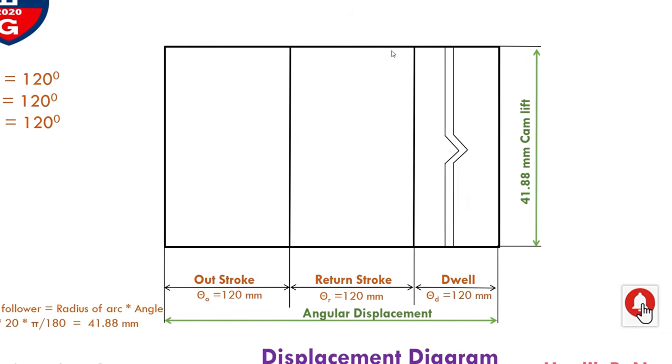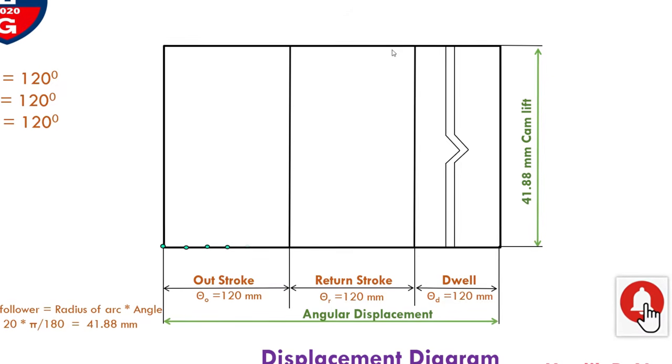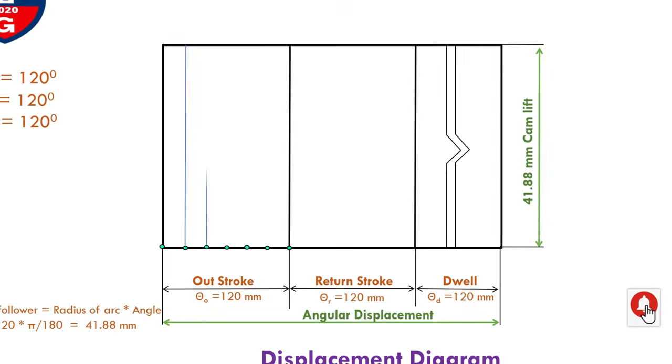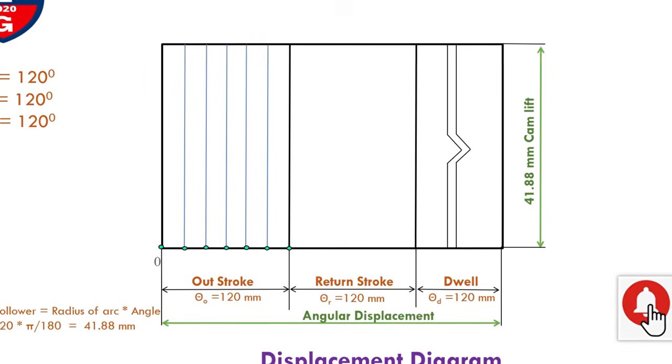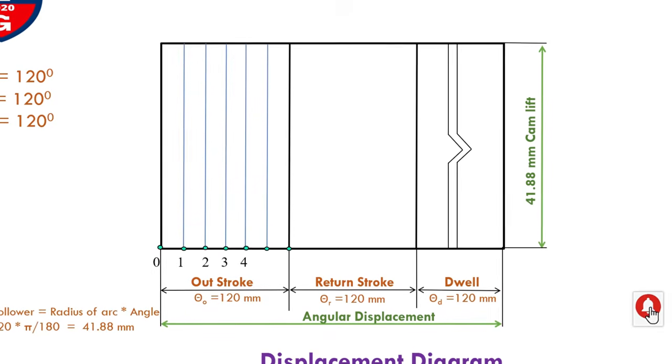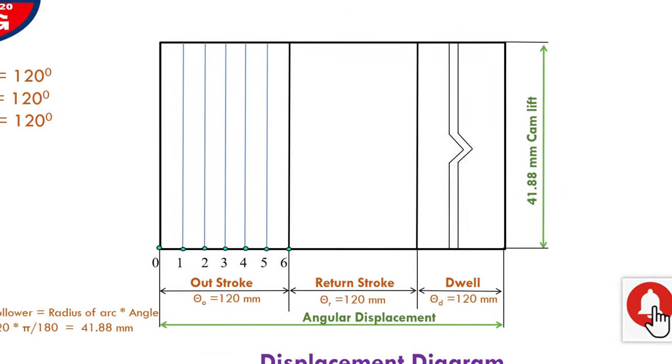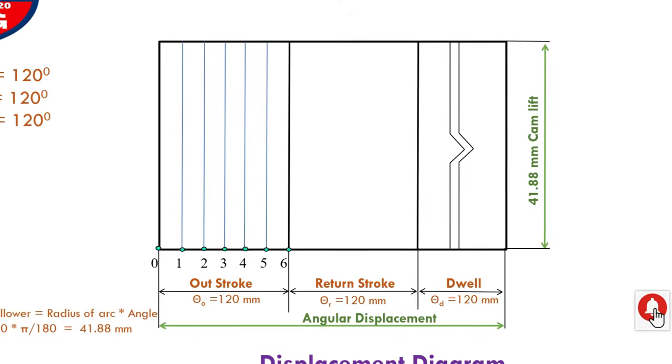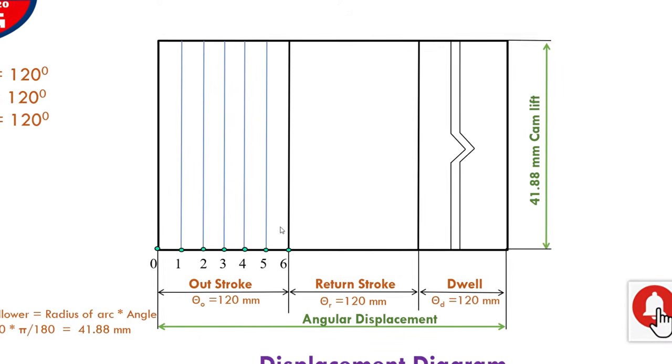Next I divide this outstroke into 6 equal parts and draw a projected vertical line through all points, and then give notation 0, 1, 2, 3, 4, 5 and 6.